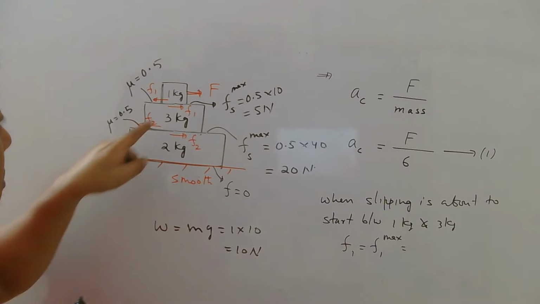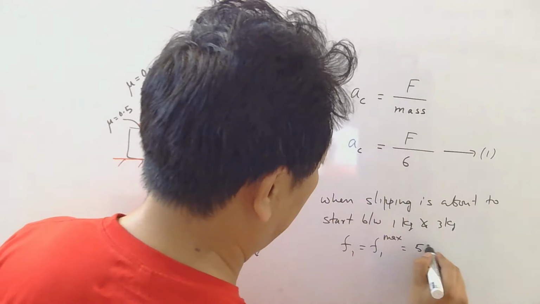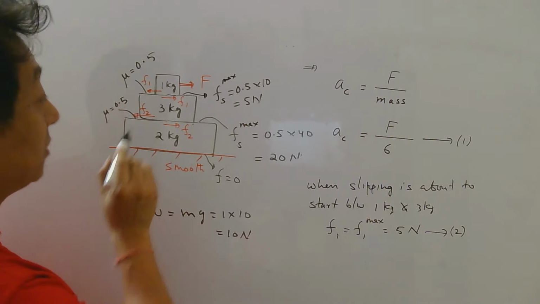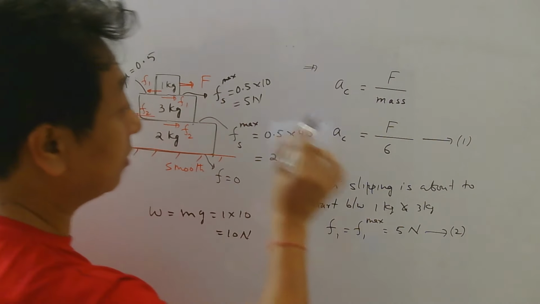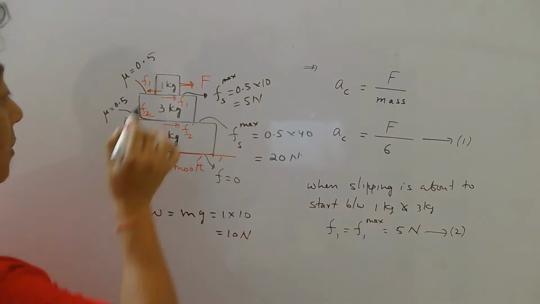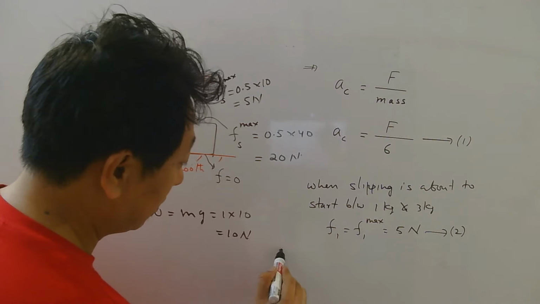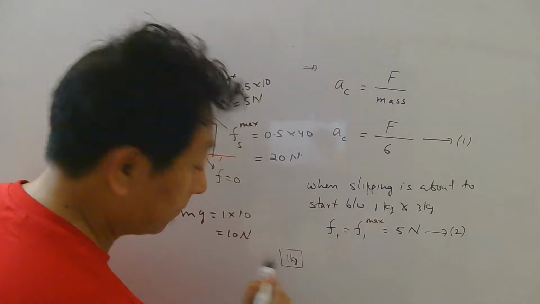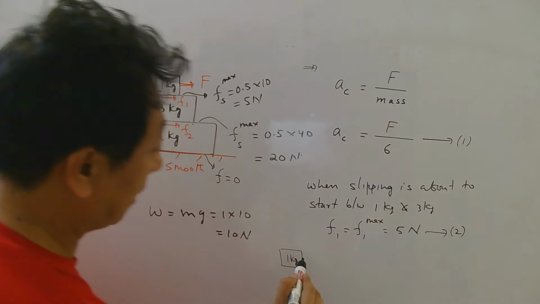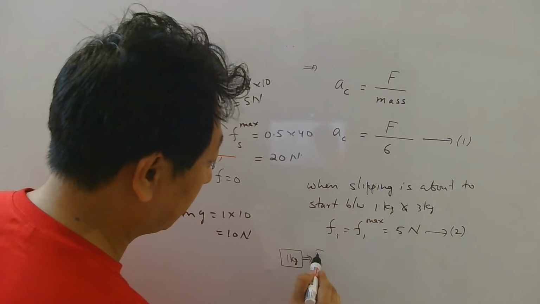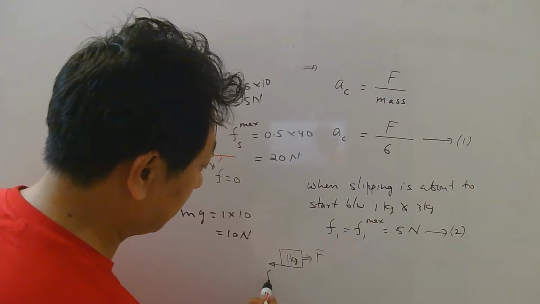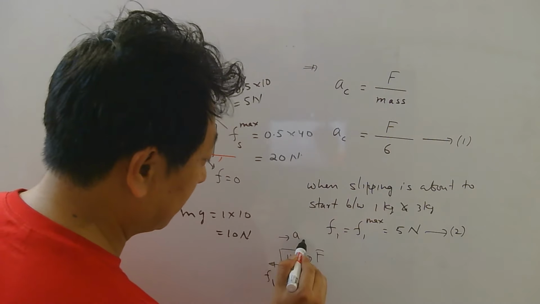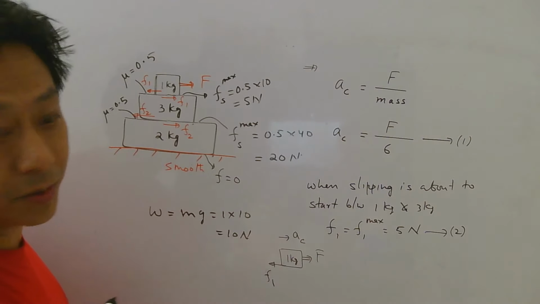And that max value is how much? 5 Newton, isn't it? Now let us try to understand, if all of them are moving together with this acceleration, then for 1 kg, let us try to apply Newton's second law. So here this applied force which we don't know, and here this frictional force F1, and it is going with common acceleration A_c, which is F by 6.